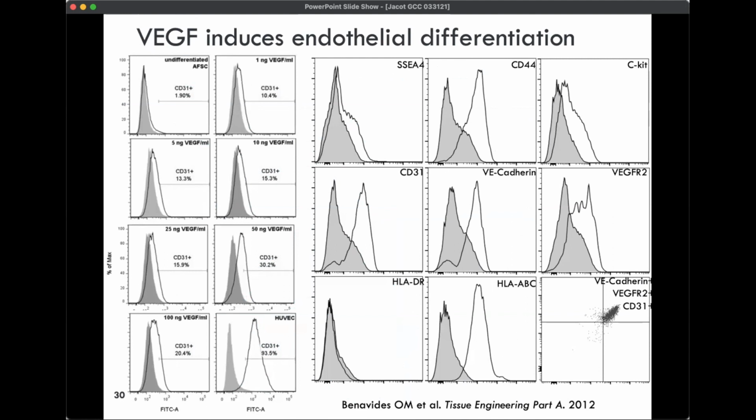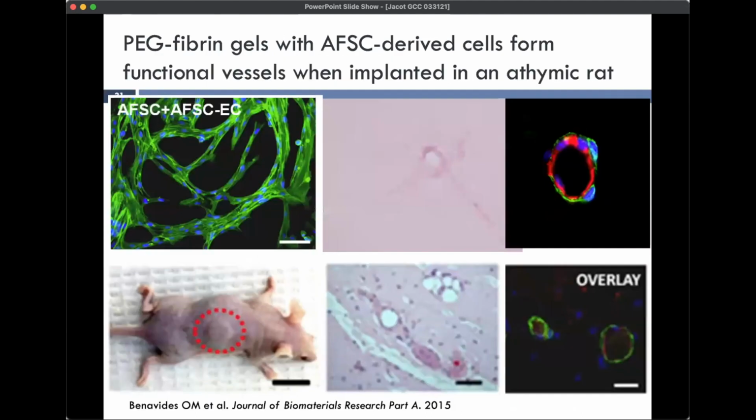So then we really started looking, and this is spanning a bunch of years between Rice and Colorado, at differentiating amniotic fluid cells into cells that could be vasculature. So we have shown that we can differentiate just by using very high levels of VEGF these stem cells we get from amniotic fluid into what looks like arterial endothelial cells.